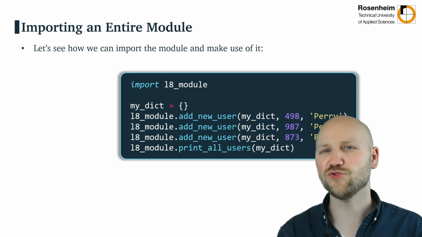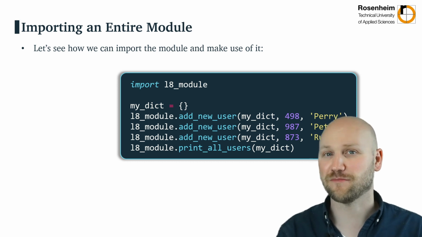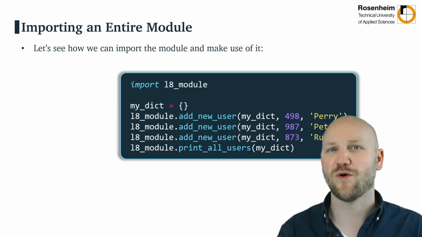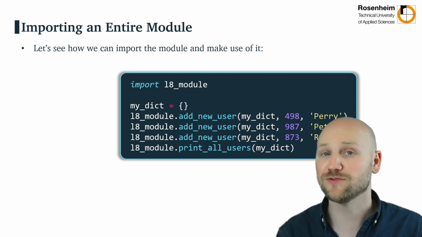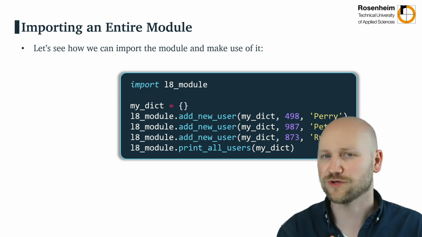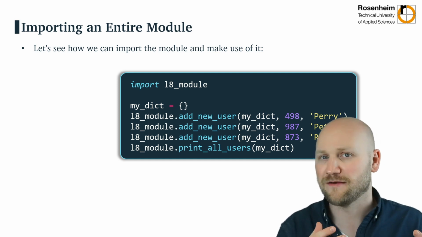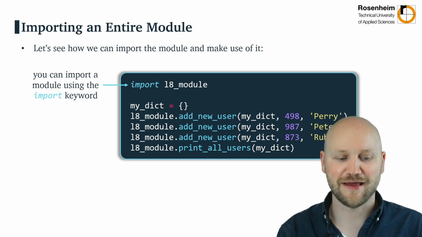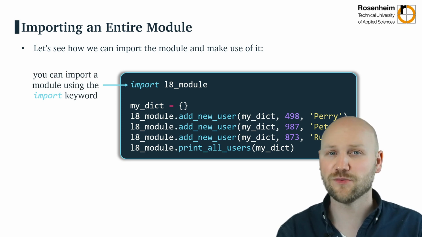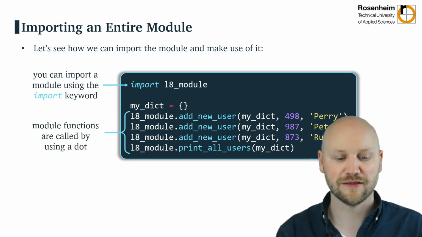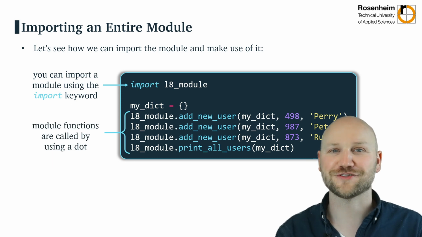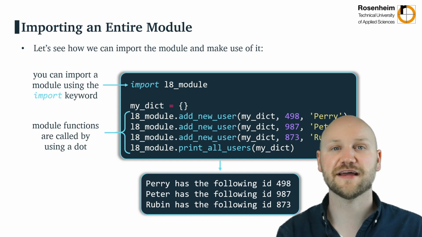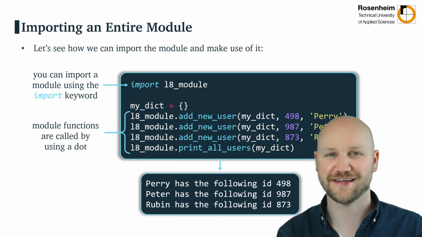Very often you are using functions from modules that you are importing, and you have never looked at these functions, you just know what they do. For example, the print command is also a function. In this case we don't import a module, but it's also a function that you never look at. You're just using it, right? So again, we have the import keyword and then the module name. Then we can call the function with a dot. And this will lead to the following output for this example.